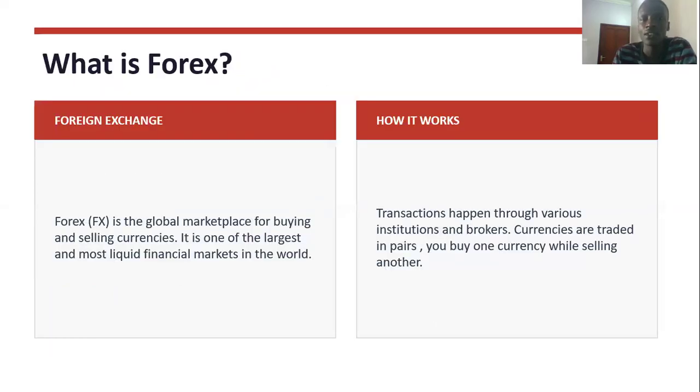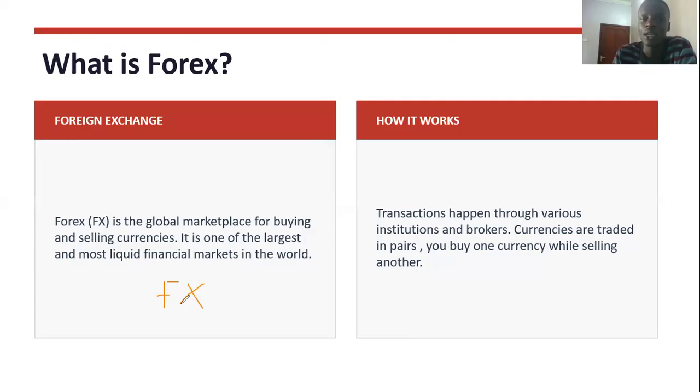Then now, what is forex? As I explained, forex can also be termed as FX. One of the short names of forex is FX. So you can say forex is the global marketplace for buying and selling of currencies.